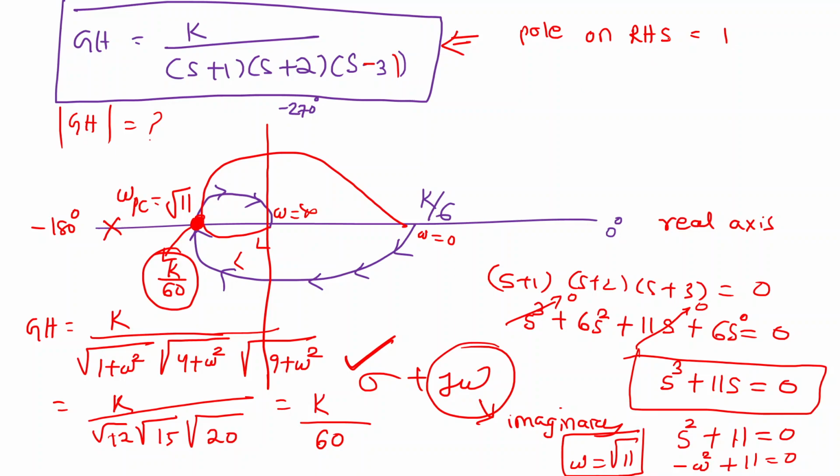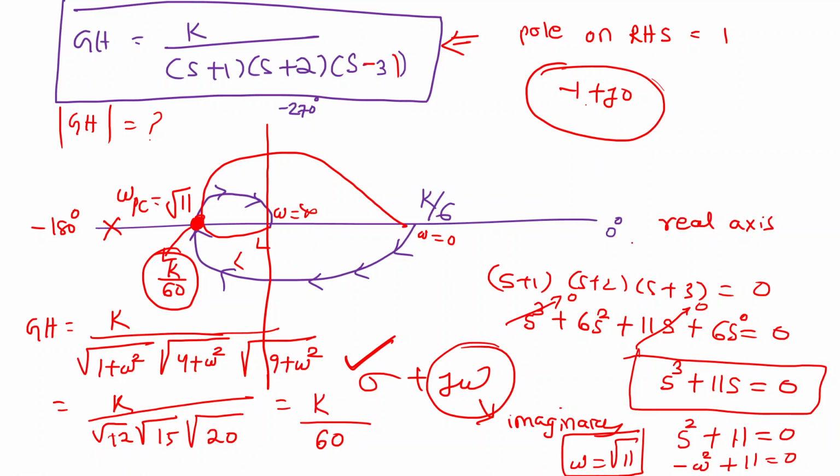Yes, the pole on the right hand side is 1. So if there is one pole on the right hand side, about the critical point you have one anti-clockwise closed path, which means the -1 plus j0 point should be inside one closed path.